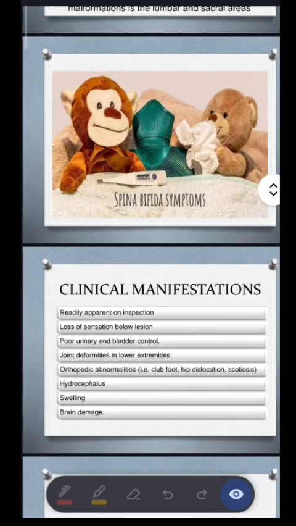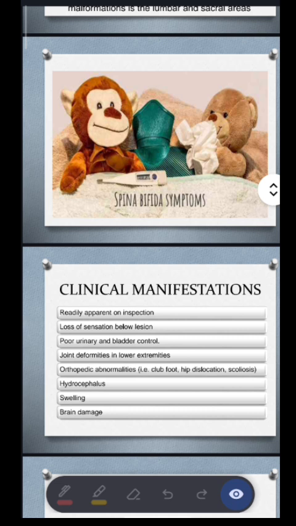Then the second one is loss of sensation below the lesion, and poor urinary and bladder control. Then joint deformities in the lower extremities, and orthopedic abnormalities such as club foot, hip dislocation, scoliosis, etc.